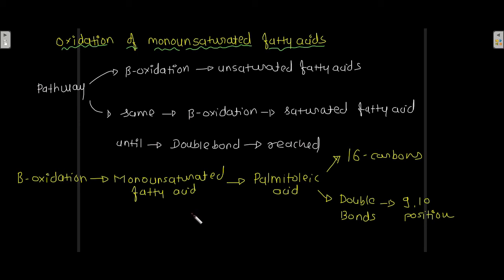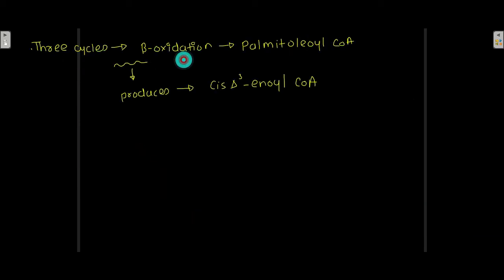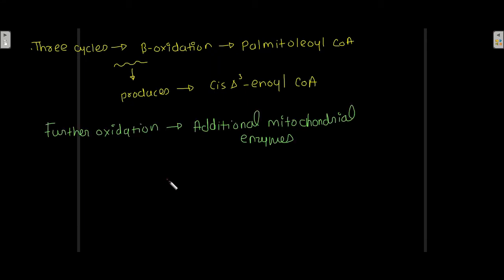Three cycles of beta oxidation of palmitoyl coenzyme A produce a cis delta 3 enoyl coenzyme A. If you want to oxidize it further, the further oxidation will require additional mitochondrial enzymes.